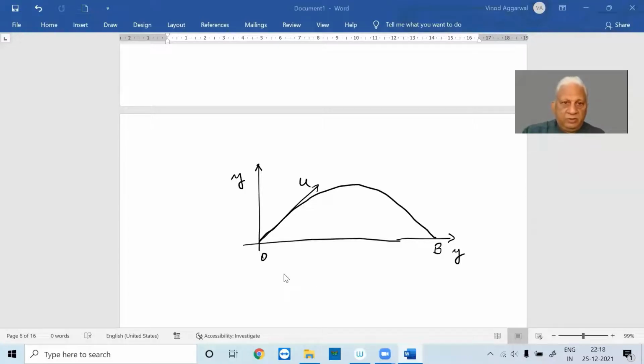We return to our original drawing, projectile being shot at theta degrees from horizontal. Now this time we want to find what is the maximum height a projectile will attain.